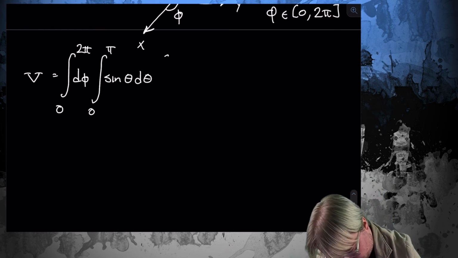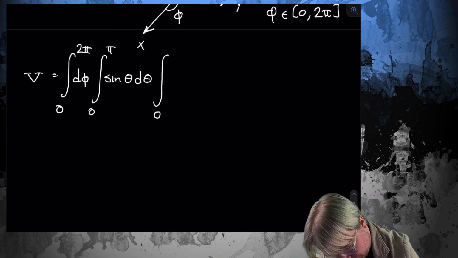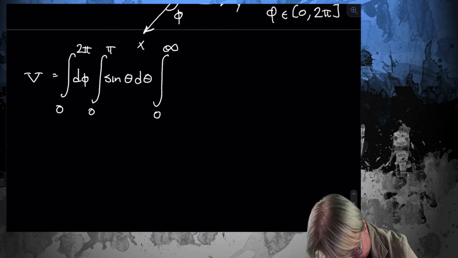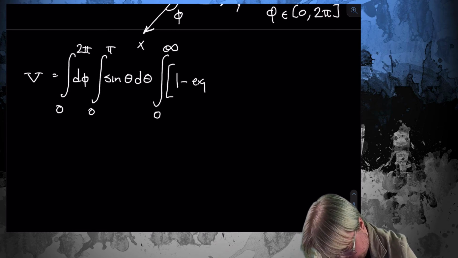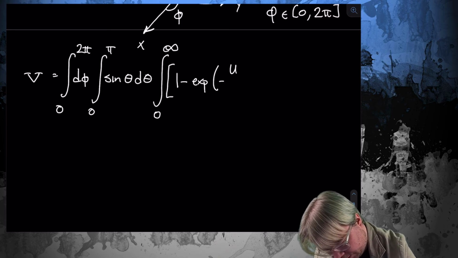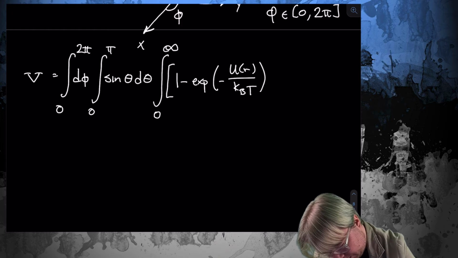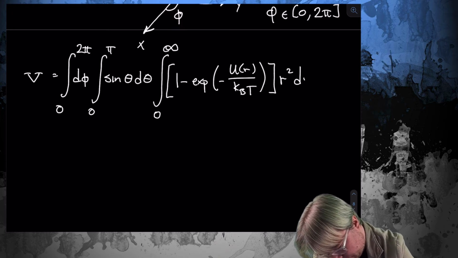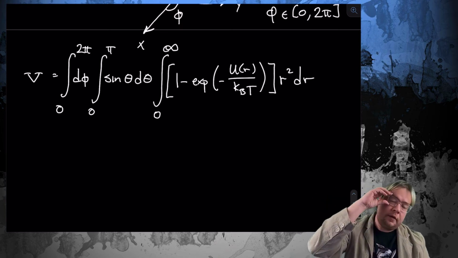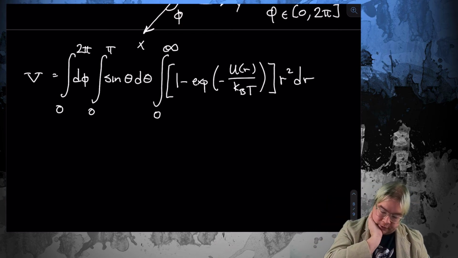And then it'll be the integral from 0 to infinity of 1 minus the exponential of minus u of r divided by kBT, r squared dr. And you're thinking, boy, that looks like a mess.